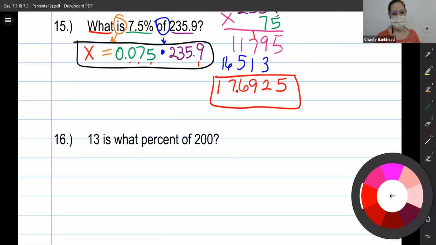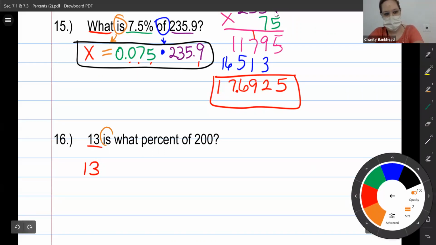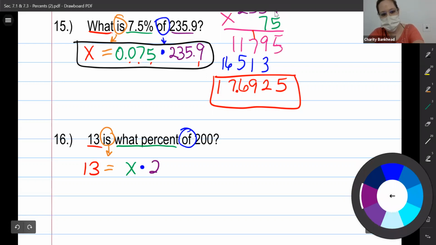Okay. Number 16 says 13 is what percent of 200?